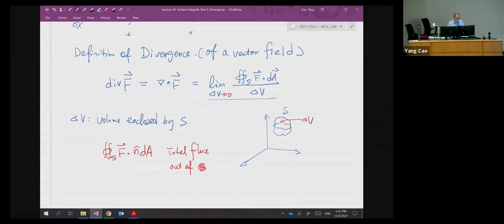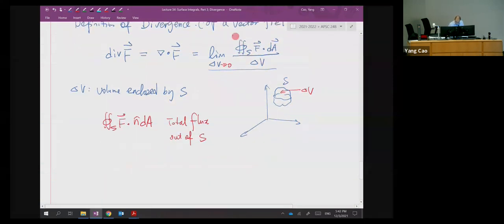It's a surface integral flux, or net flux. So basically, in the limit you have a net flux over a certain small volume. Let's call it unit volume. And this is the definition of divergence.